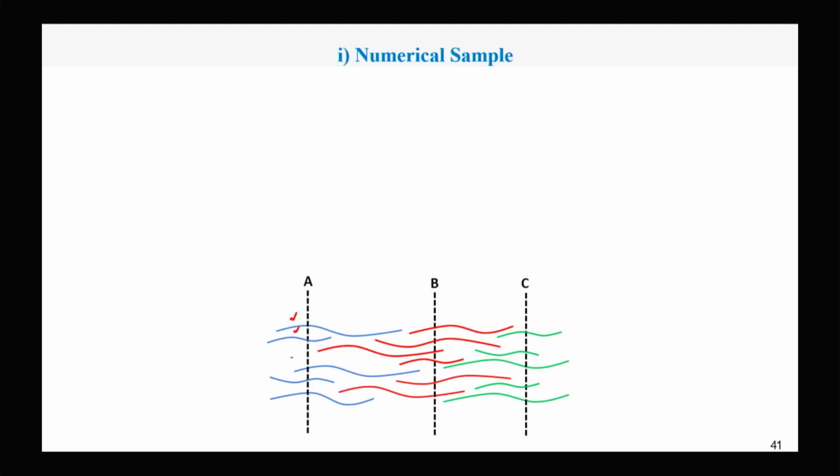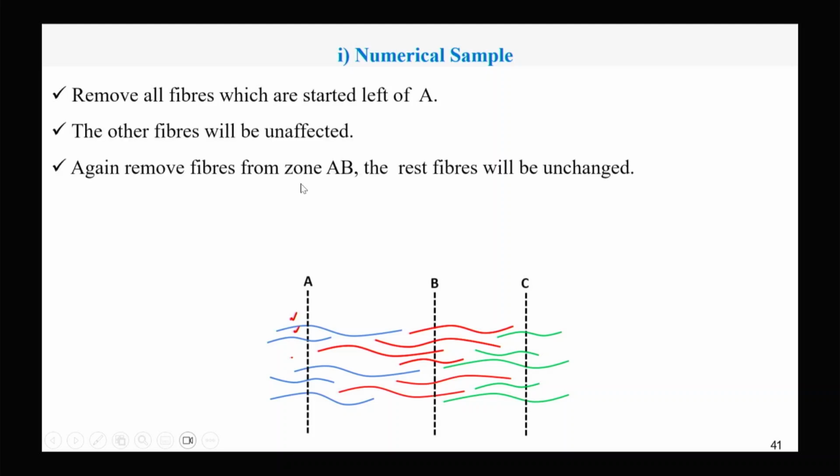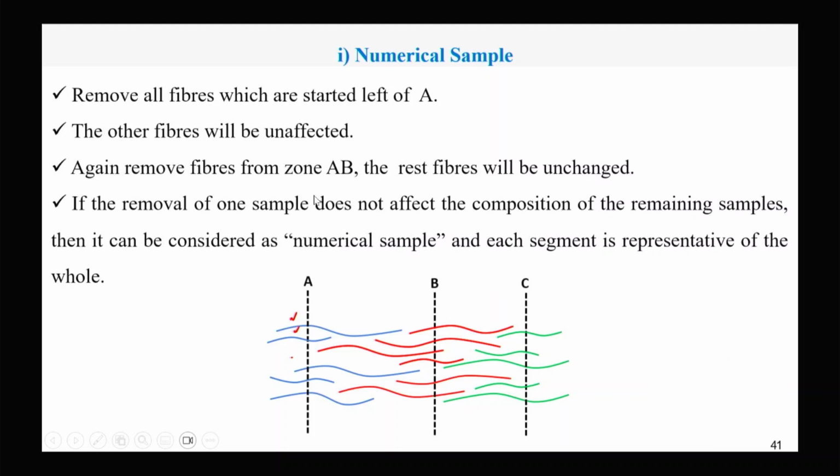These samples are length unbiased samples, that is numerical sample. Here we will find the proportion of all the fibers is unaffected. Okay, there is no length biasness. So this is explained here.